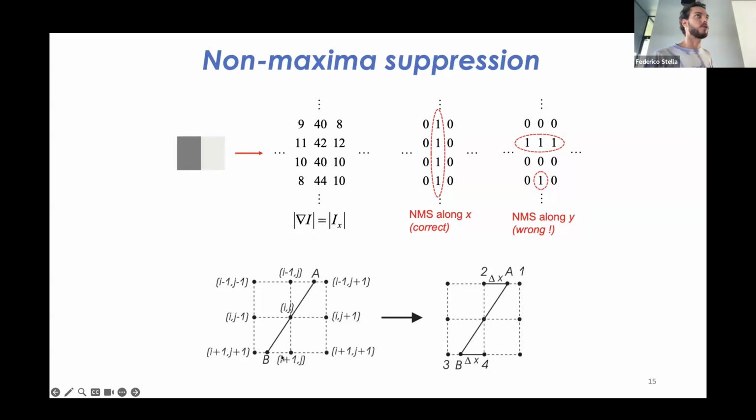So we approximate a continuous image by linear interpolation, so that we can do non-maximum suppression along any axis. It doesn't have to be X or Y, it can be anything. I know it's not super easy to understand. I don't want to go into the details, but we will use this operation in the code. I'll provide you a function to do this, just so you know that this happens.